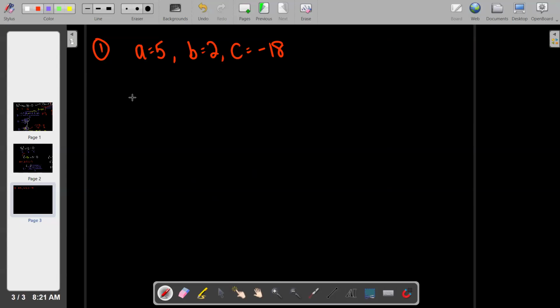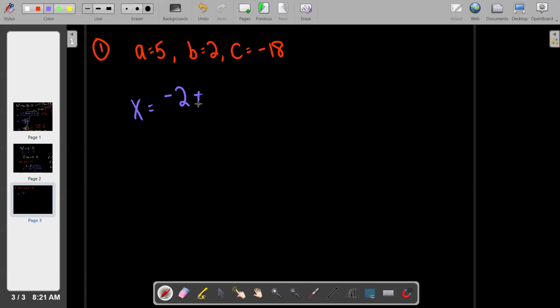All right. So X is going to equal, what do we do first? What's always the first thing we do? Take the negative of B, which is in this case the negative of a positive, which is a negative 2.